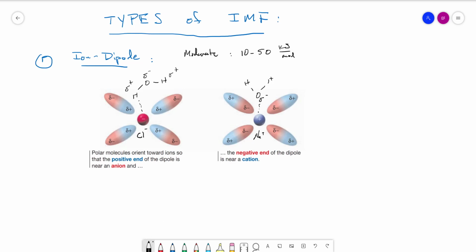And part of the strength is derived from the fact that these ions are actually charged. It's not just the interaction of a dipole with a dipole, which is not truly a charge in a formal sense, but in this case it's a weak dipole with a strong charge, and that interaction gives us this moderate interaction in terms of its overall energy.